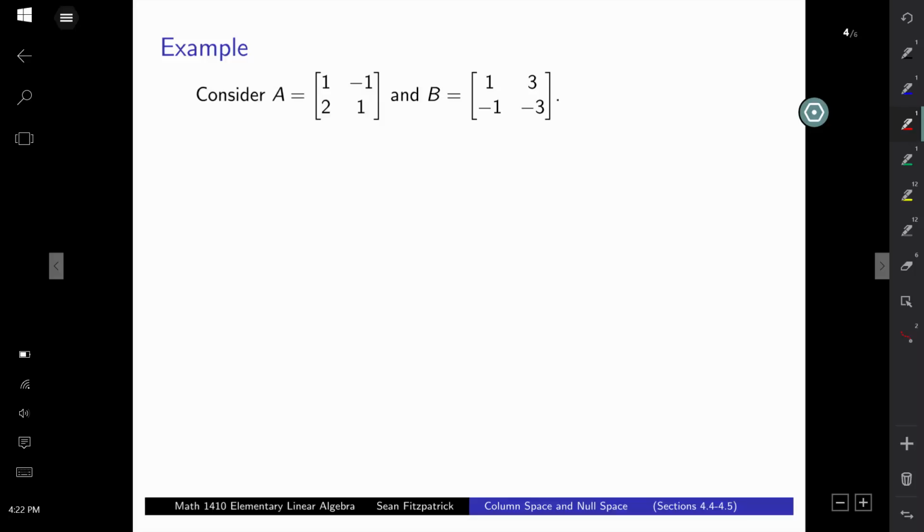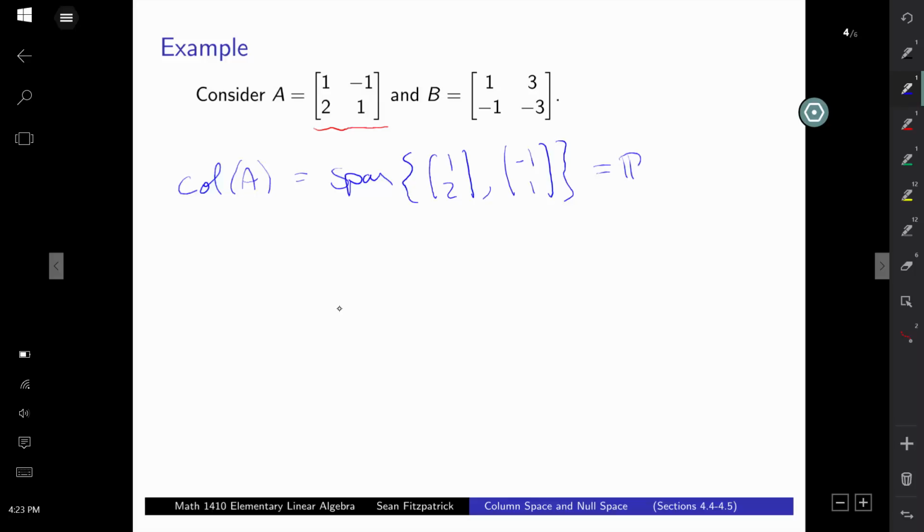Okay, all right. So a couple more examples. In the case of this matrix here, we notice that the column space of A is going to be the span of the vectors (1, 2) and (minus 1, 1). And those are two independent vectors. They're not parallel to each other, and neither one of them is 0.